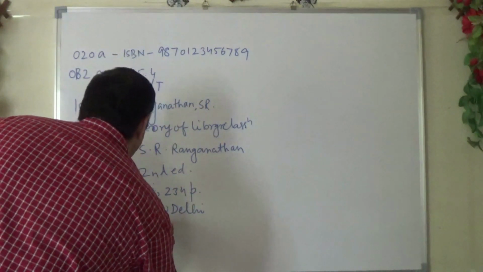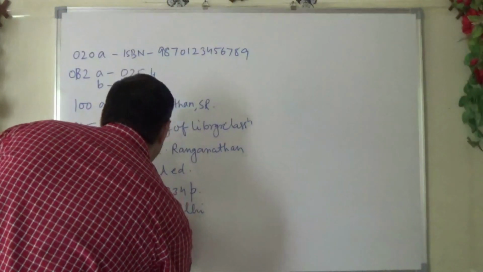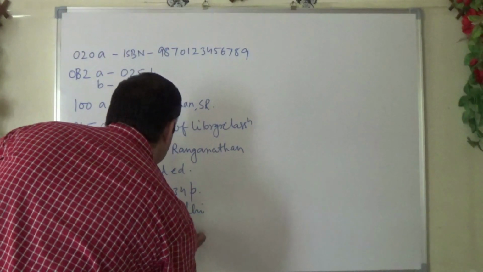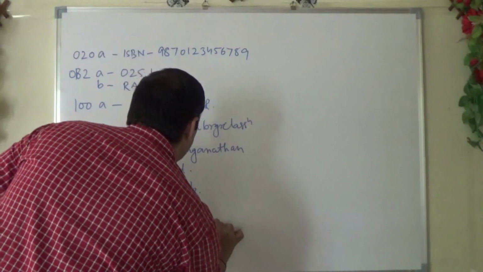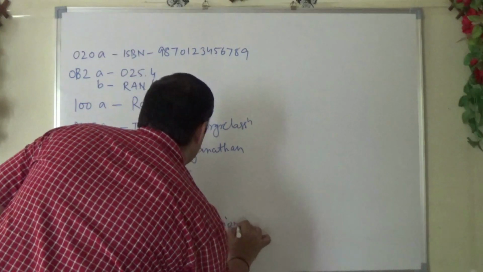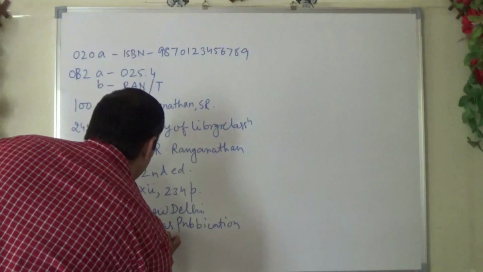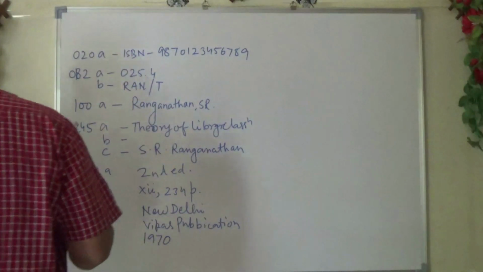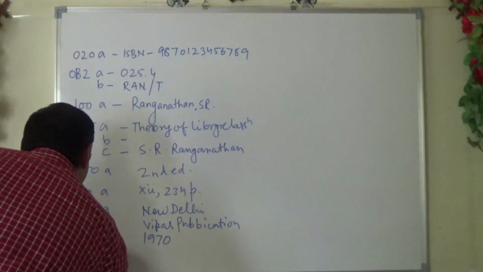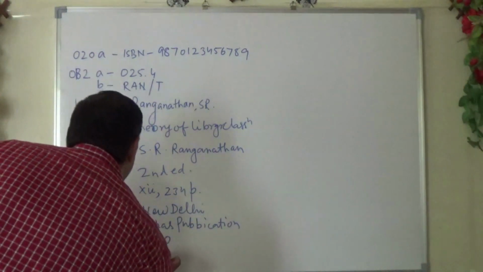Then Vikas Publication. And then, for example, year of publication, so I take 1970. So like that, I have taken the 500A, where I accommodate the general note.